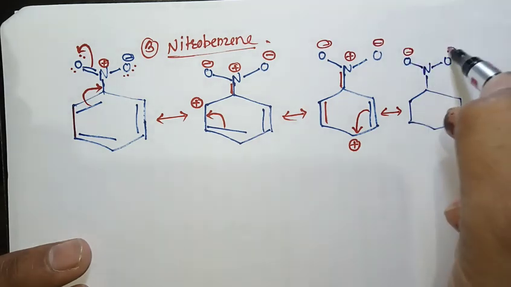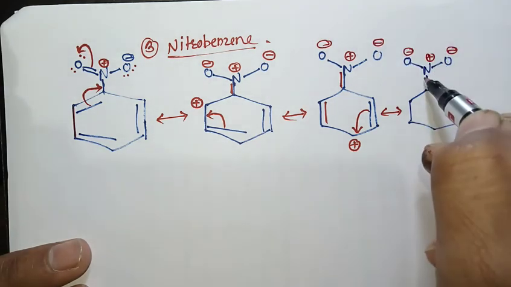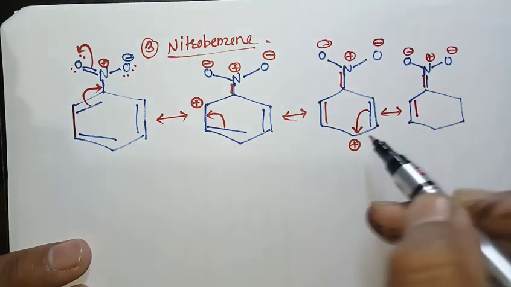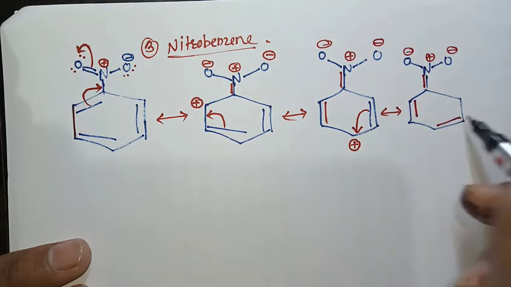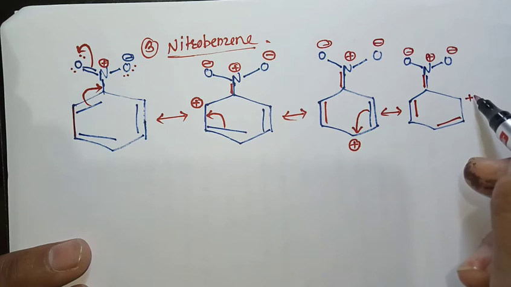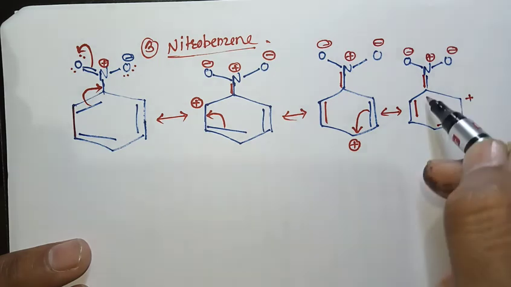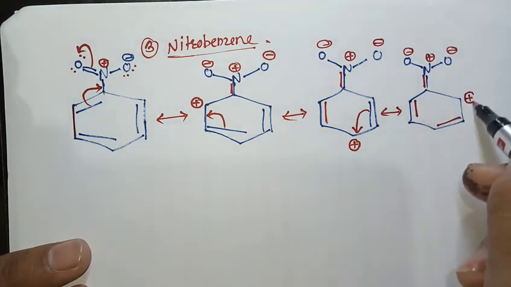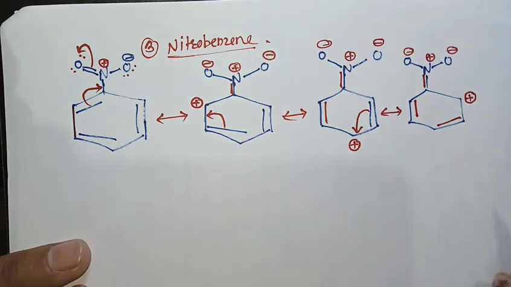Negative charge, positive charge on this nitrogen, this bond, and this bond shifted over here. Now carbon 5 and carbon 6 get a positive charge, isn't it?